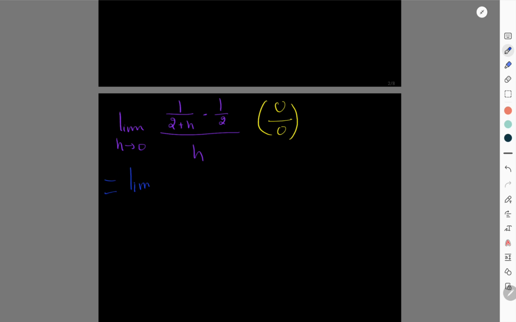I can try to clean up the numerator by figuring out the common denominator, which is in this case 2 times 2 plus h, and most likely that gives me something nice. The whole idea here, as in the previous example, is to get rid of that indeterminate form.